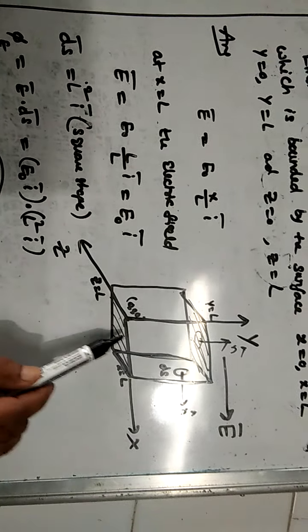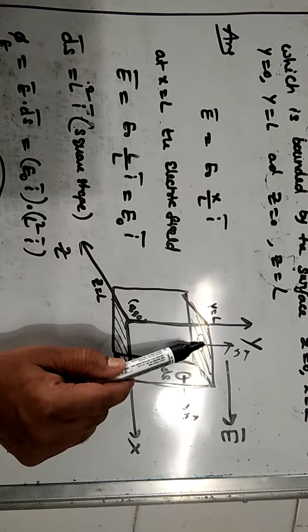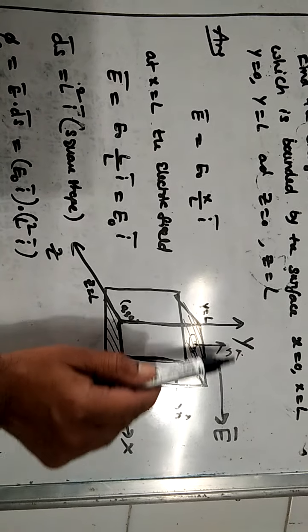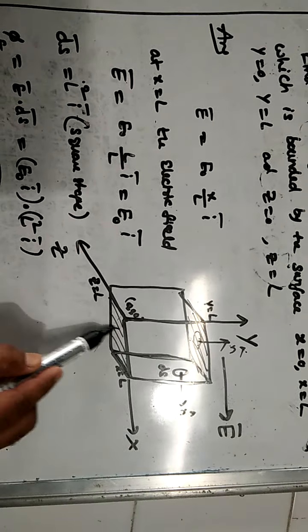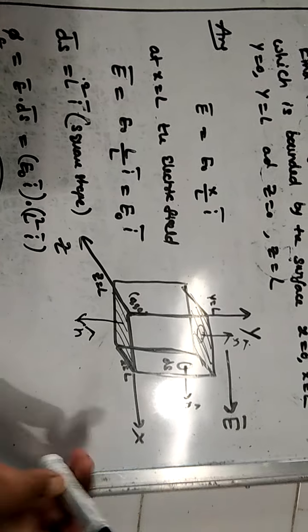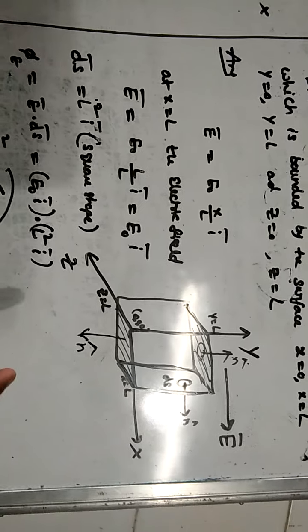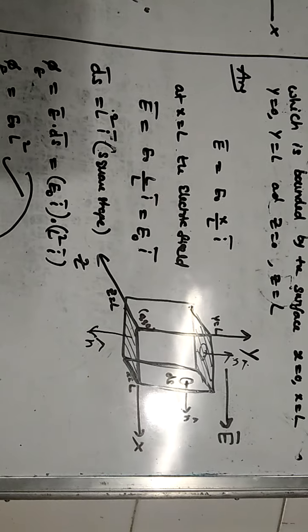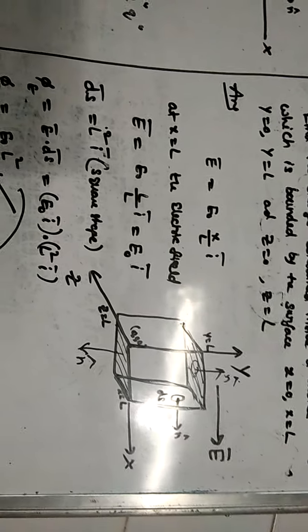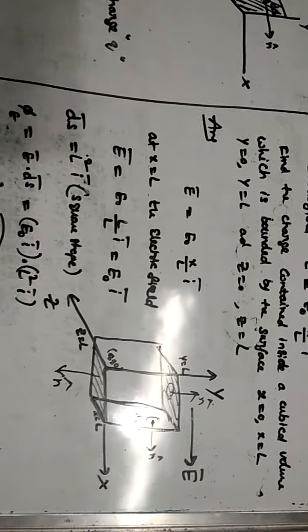The remaining are 0, not necessary. If you want, you can see here E bar and n cap are perpendicular. Here also n cap is like this. These two are perpendicular, so flux coming from this surface is 0. So go through this type of numerical questions. Previous questions are also there. And I am going to explain the next applications.